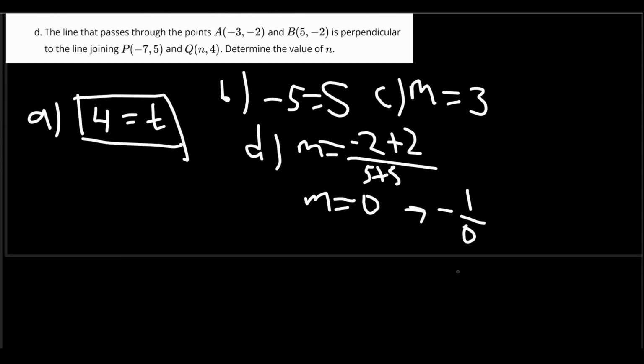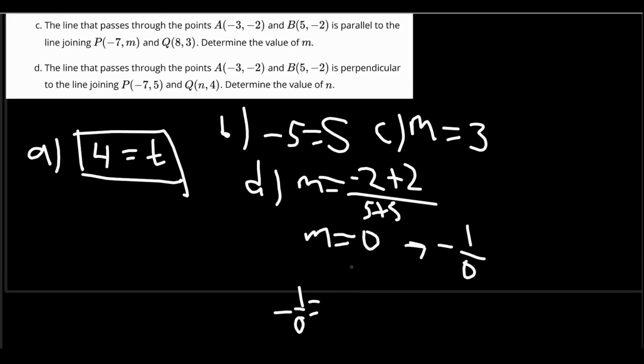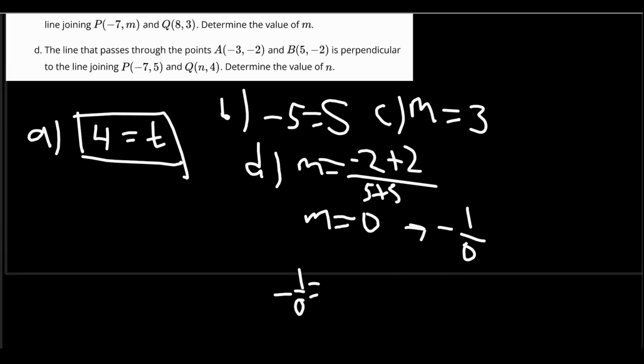So now we can just set this slope and plug it into our formula, and that would be our 4 for our y2. So we have 4 minus 5 over n minus negative 7, which is just plus 7.